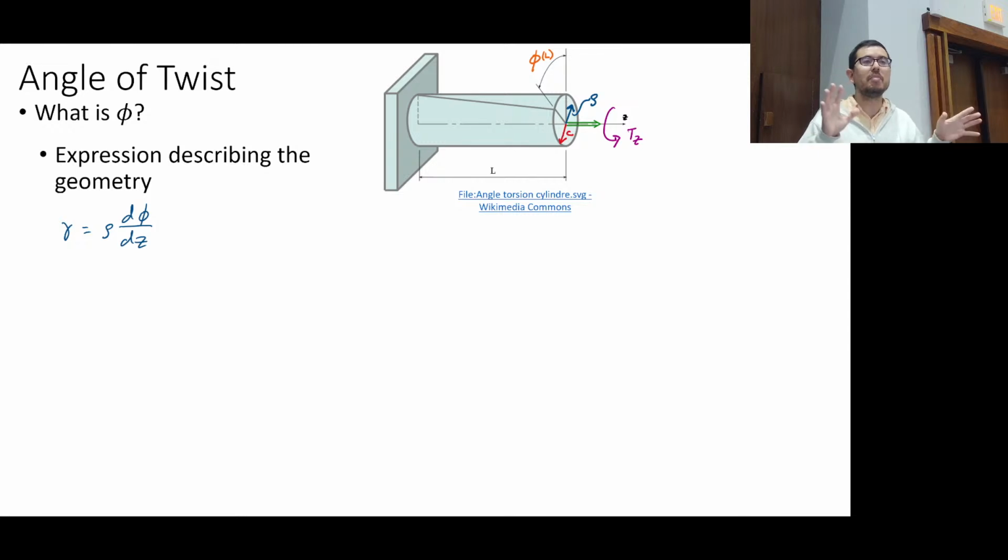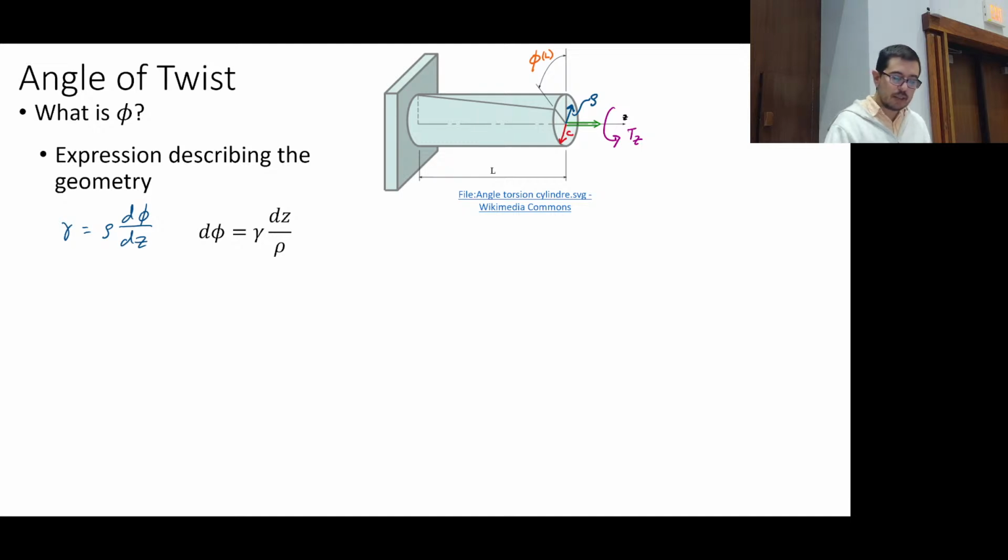We derived that we could relate shear strain to rho times d phi dz, and this d phi dz, that would be the slope. This is of course a derivative, but given that this is a linear relationship, if I know the angle of rotation at this end, and I know the length, I can just pop that into d phi dz, that's the slope.